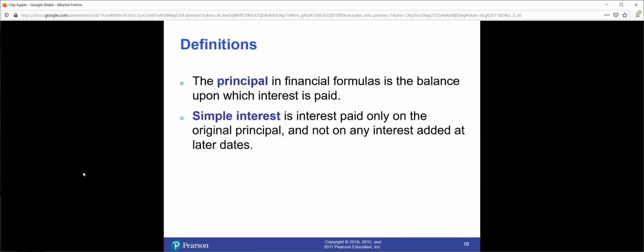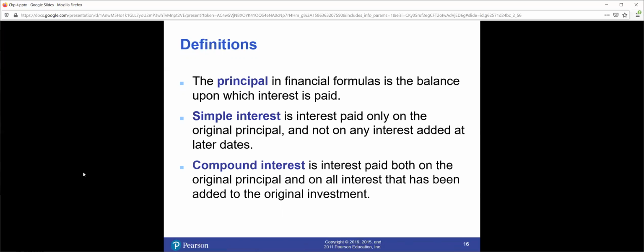Your simple interest affects your principal. When you start getting a student loan, simple interest and compound interest will annoy you. Compound interest is paid both on original principal and on all interest that has been added to the original investment. So, your simple interest reduces your principal, reduces the actual amount of money that you originally talked about.